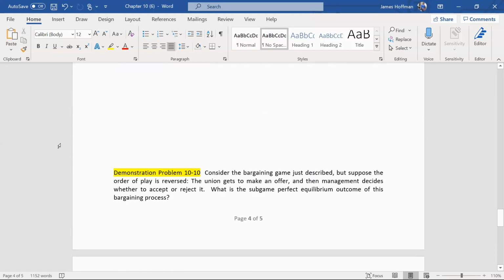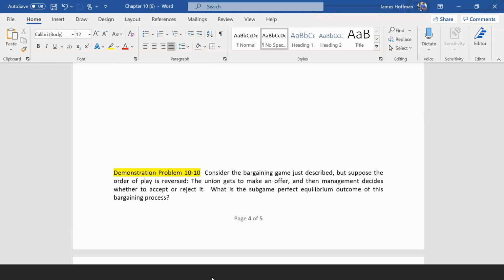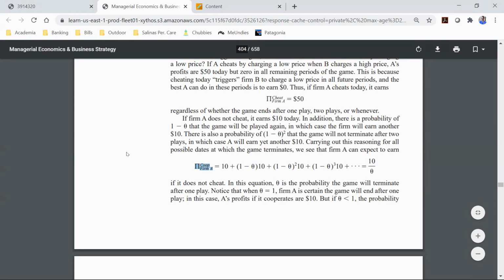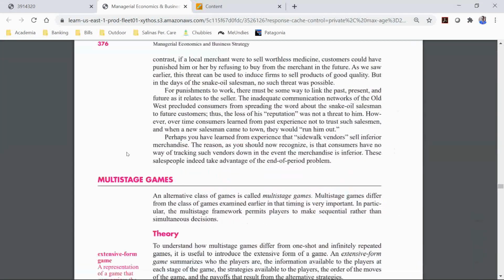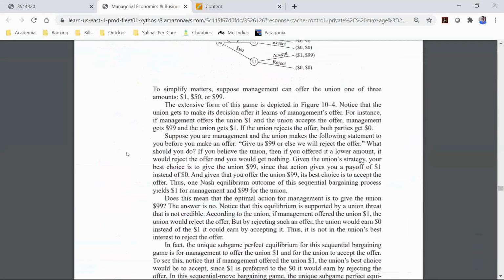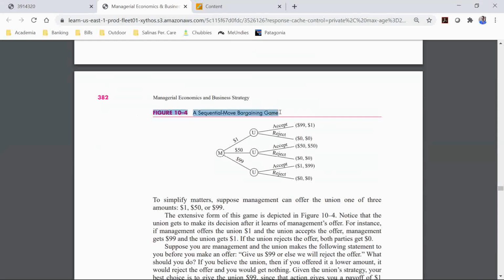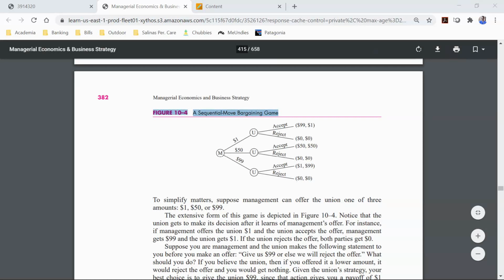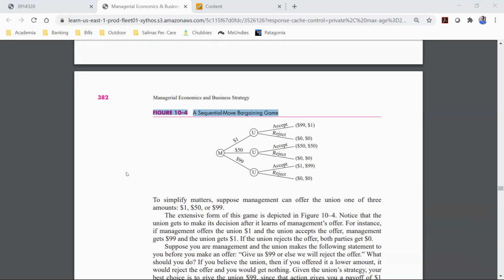Okay, so there's an example in the textbook, and we just flip it around. Let me just show you what we're starting with here. In Figure 10, the first example was this, in which we're trying to determine how to split $100 between management and the union.